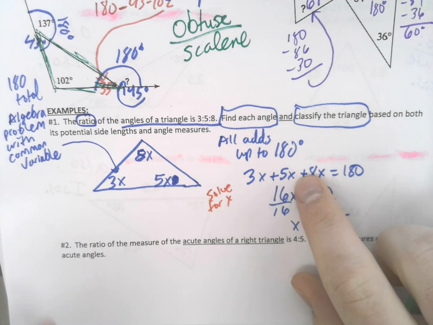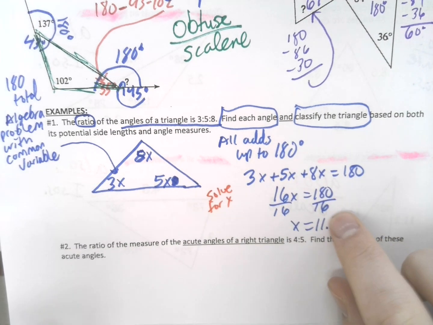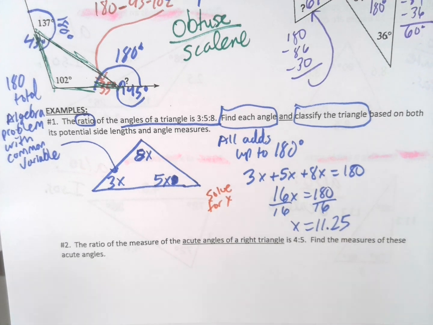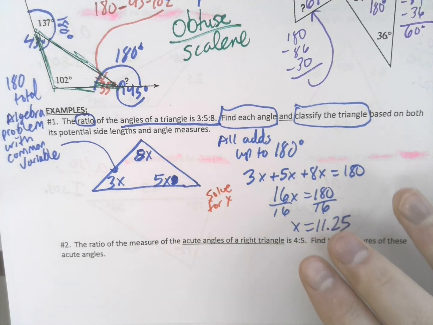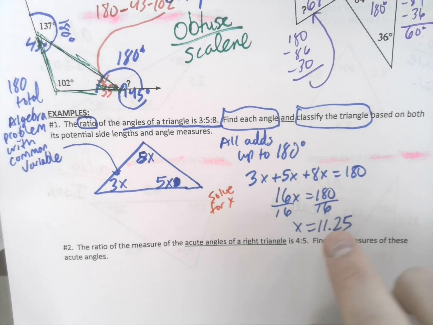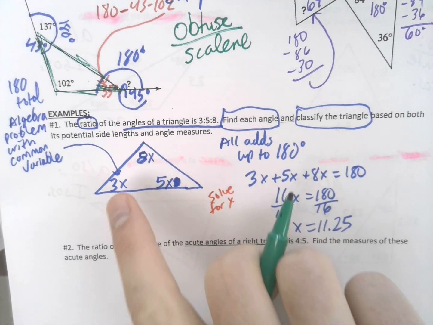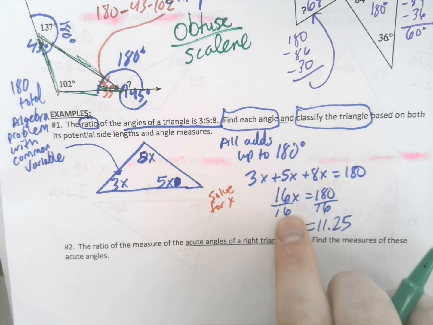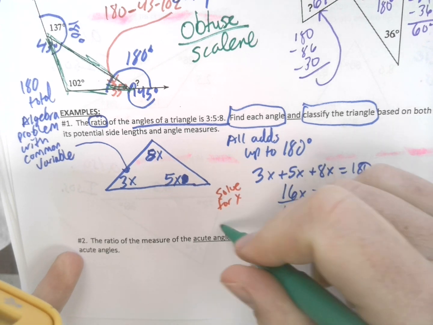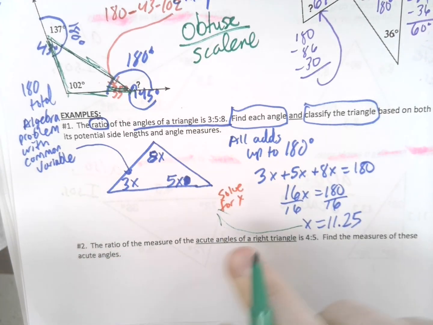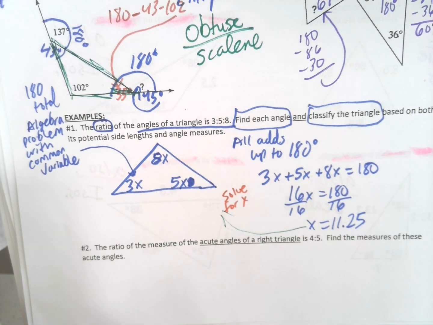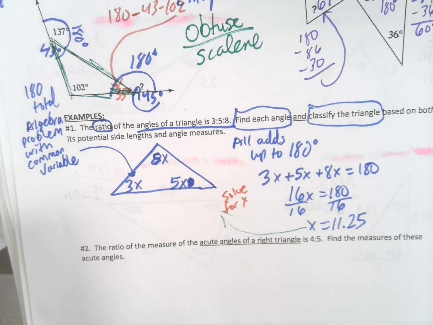Okay, we combine like terms, you get 16x, divided by 16, you get 11.25. Now that's not our final answer, but this now is what we know is our common variable that this ratio shares. So take that and plug it back in. So now we do 3 times 11.25.